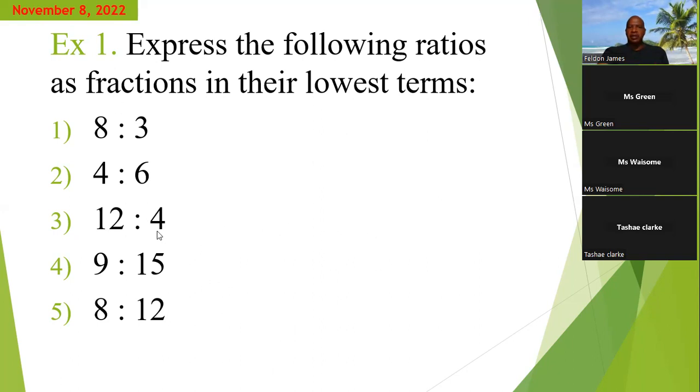So just go ahead, simplify these, and as soon as you're finished, we're going to walk through them together. Just raise your hand when you're finished doing all of these. I'll give you probably about 5 minutes to do these, and then we'll move on. All right, so you may go ahead now.